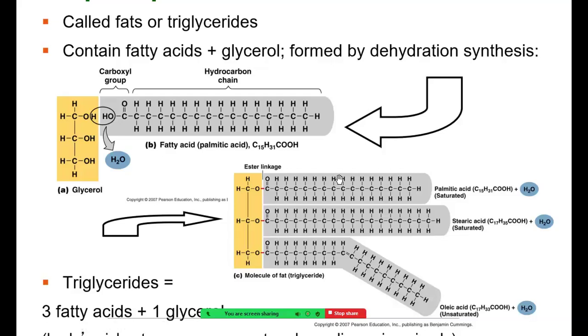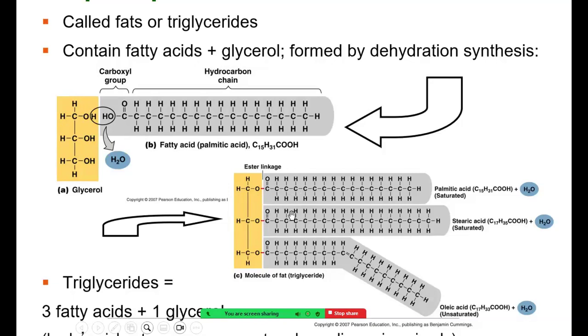So what you do is you have a fatty acid shown here and a glycerol shown here. The hydrogen on the glycerol and the OH on the carboxyl group of the fatty acid come off, forming water that will link this carbon to that oxygen shown there. And that's how a fatty acid can combine with a glycerol to make a triglyceride.